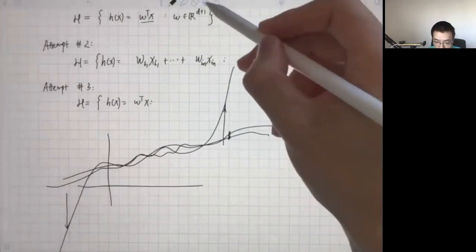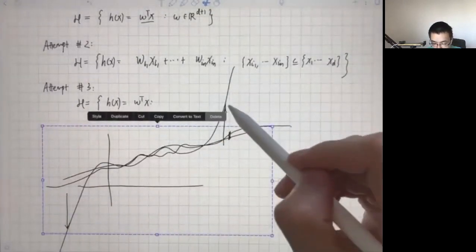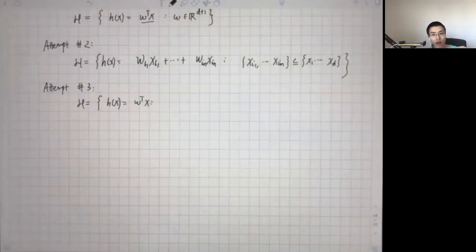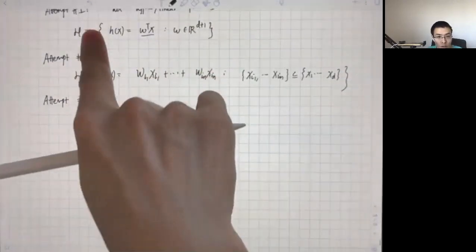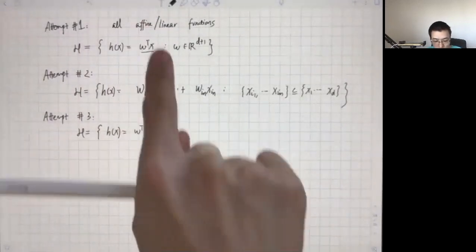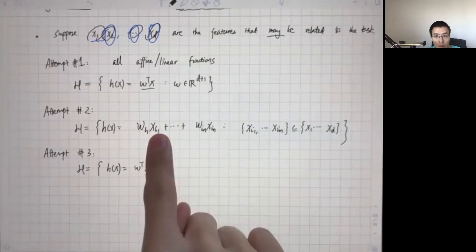So the idea is I would like to restrict the values of the weight. It cannot be too large or too negative. The magnitude of the weight is restricted so that I still rule out a lot of hypotheses compared with attempt 1, but I include all the features in comparison to attempt 2.